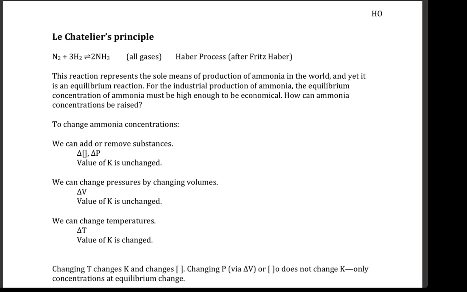Remember, we've been saying throughout this chapter that K is only temperature dependent. It doesn't depend upon concentrations. We can change pressures by changing volumes. That also changes the equilibrium concentrations, but it does not change the value of K.